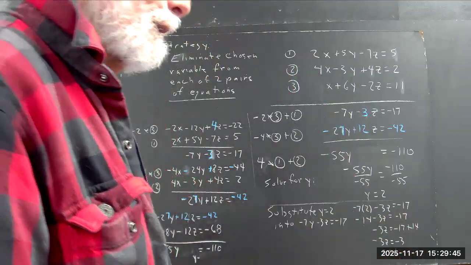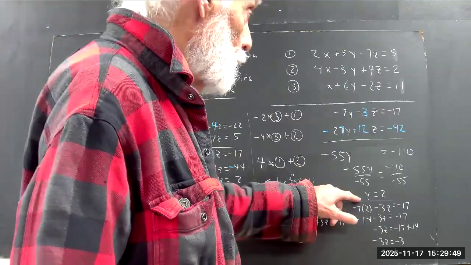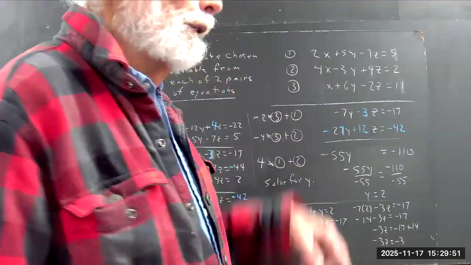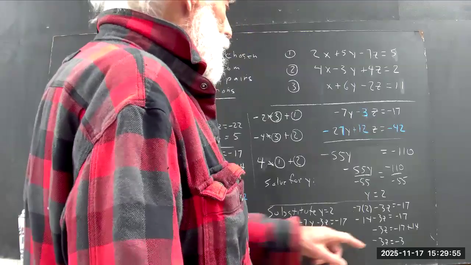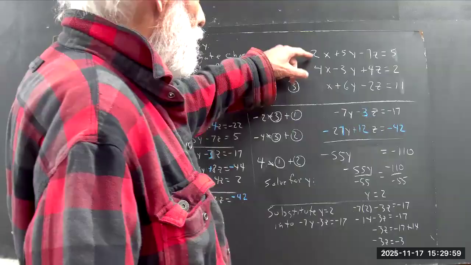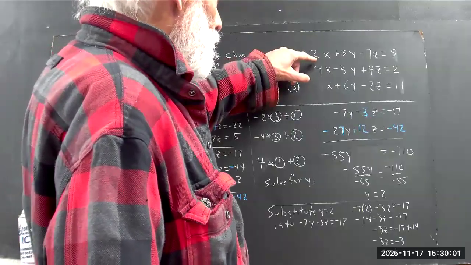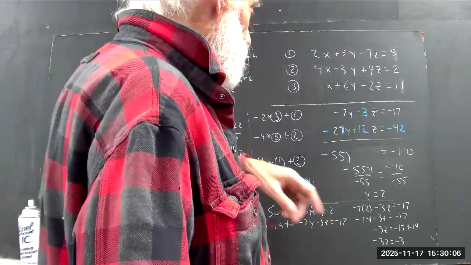Now, I'm not going to do it. You know what the next step is. We plug z equals 1 and y equals 2 into any one of these three equations. I'll just do it by pointing. If z equals 1, this equation becomes 2x minus 7z, which is negative 7.